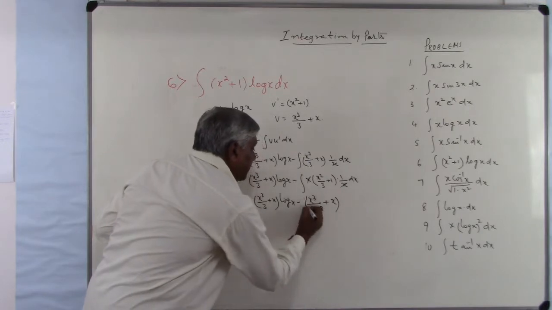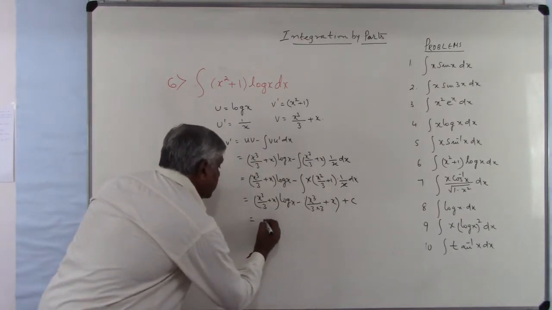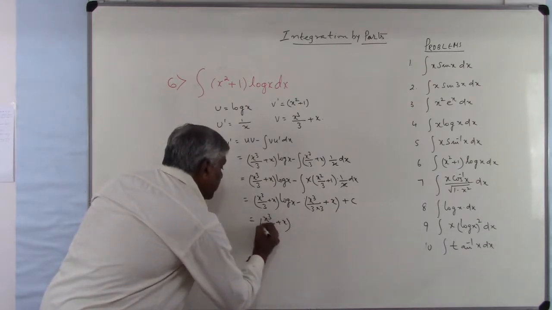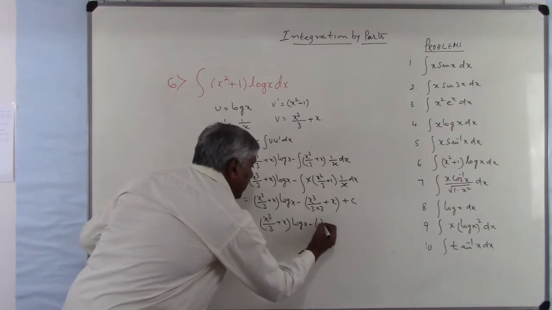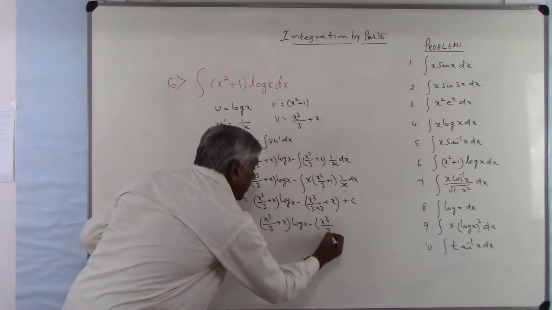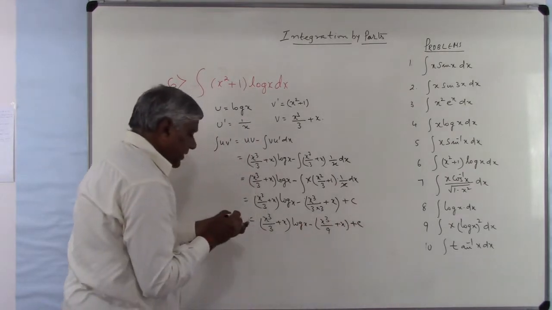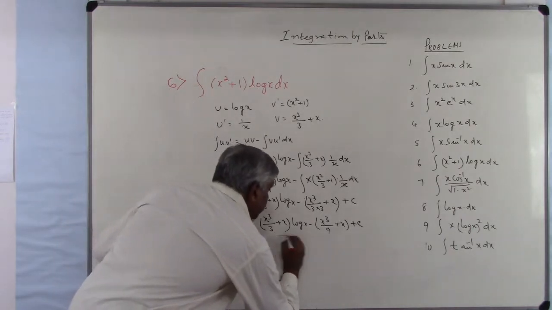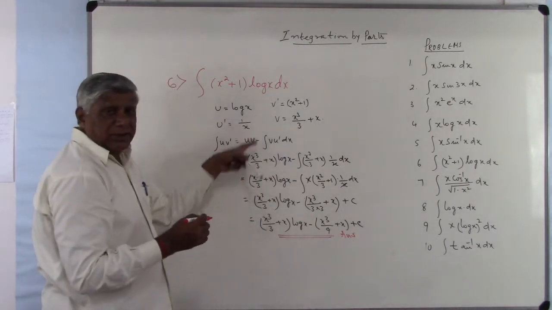So this is separate, plus c. That is x cube by 3 plus x into log x minus x cube by 9 plus x plus c. So this is the answer for this problem. So we'll mark this. This is the answer for this problem.